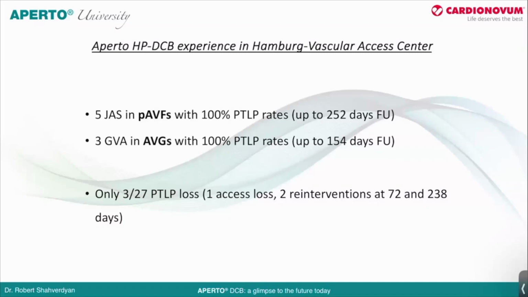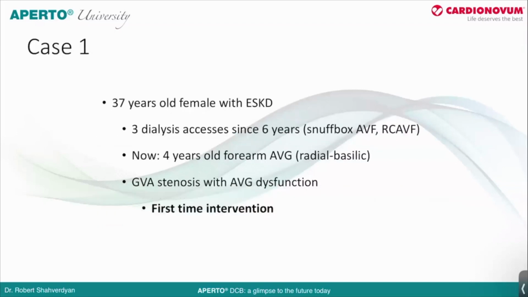And only 3 of those 27 patients had primary target lesion patency loss, because one access was occluded and was abandoned due to another location, but still the access was lost. And there were 2 reinterventions at the same location at 72 and 238 days, which kind of shows that it looks like this balloon does very well.